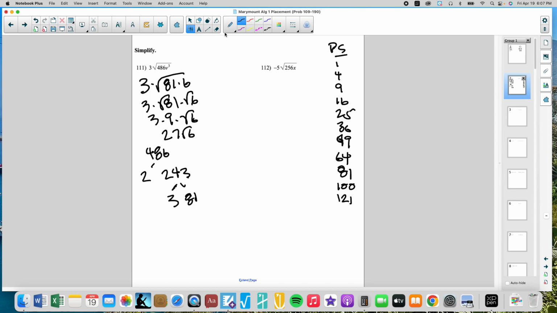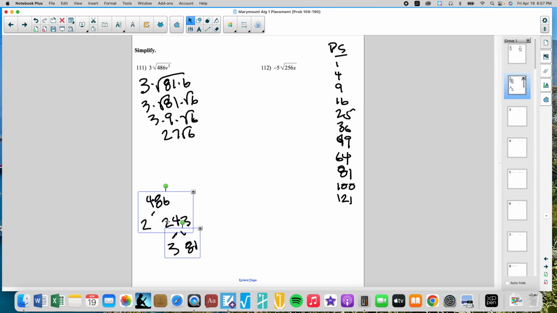Sorry about that. So this is good. Let's bring that down. That's our technique, and this is important. There's value in doing that. And notice we multiply. Oh, sorry, we're not done. We also have our variables.